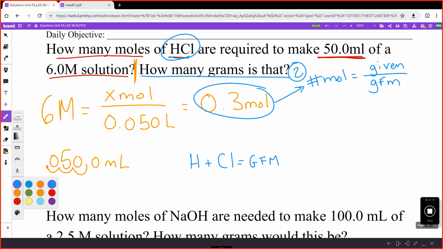Let's do that. According to the reference table, hydrogen has a mass of 1.0, and we only have one, so we only need to include one. The mass of chlorine is 35.5 when it's rounded. So for this formula, the gram formula mass would be 36.5 grams per mole.